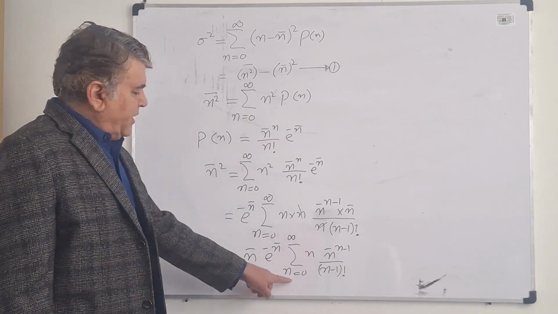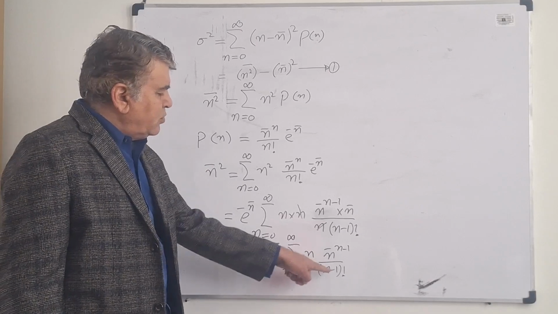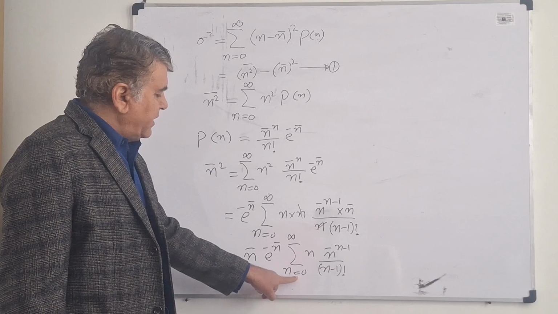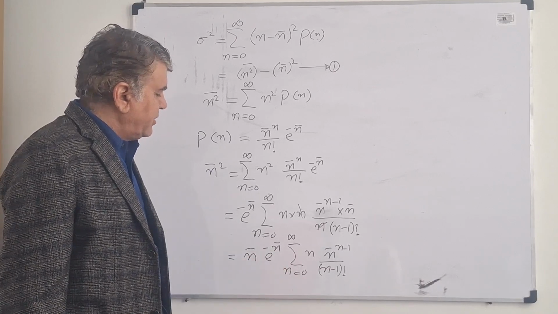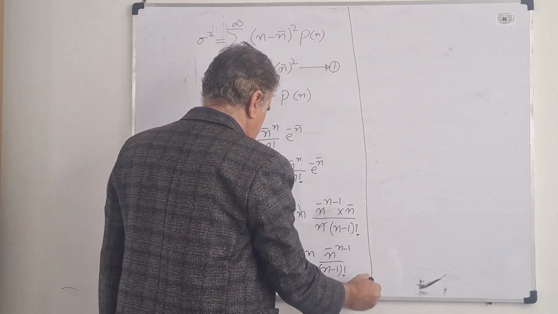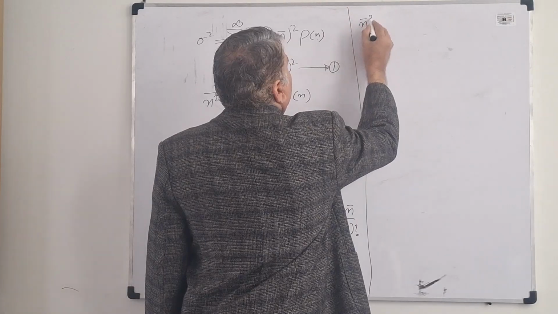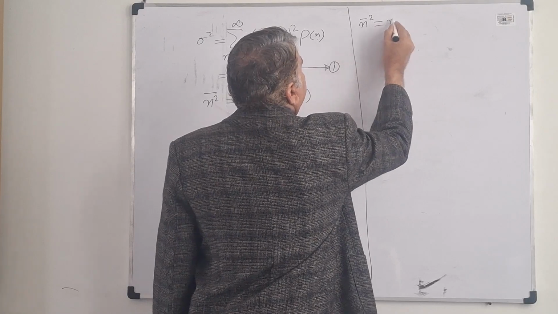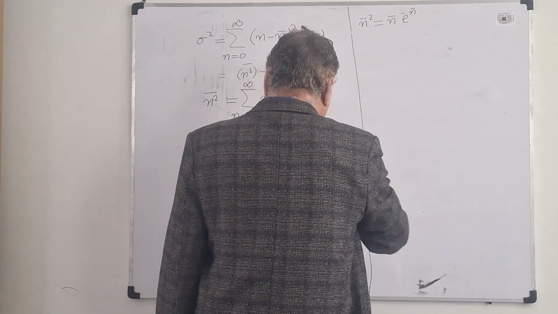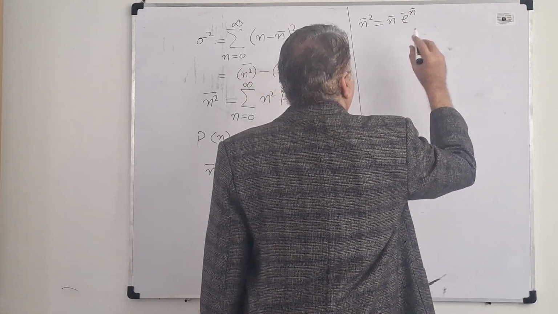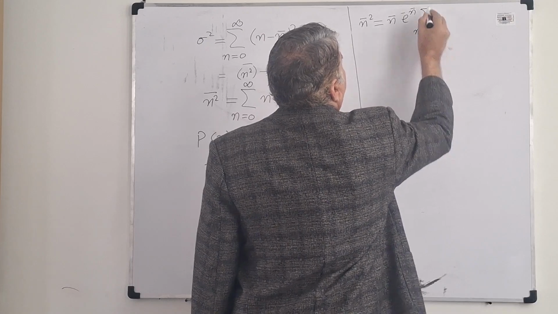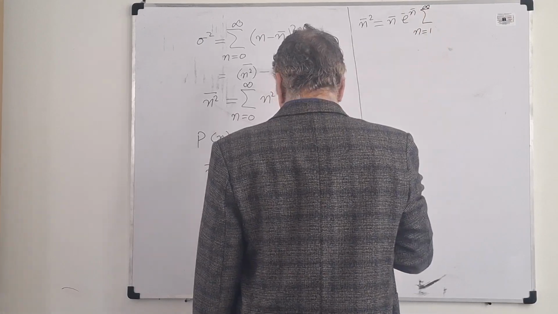And you see, when n is equal to 0, I multiply by 0 over here, so the whole term is 0. Therefore, I can remove the n equals 0 term from the summation, and then doing that, I can rewrite this in the form: average of n squared equals n bar exponent minus n bar times the sum over n equals 1 to infinity.